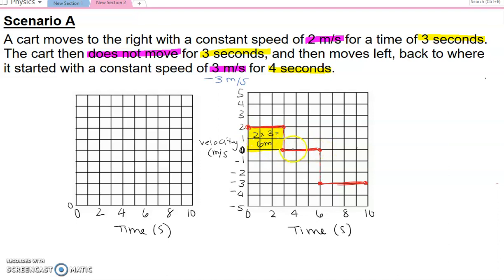This center segment, or letter B, if we label these out, letter B is flat on 0, meaning I don't travel any distance there. I can also understand that knowing that I do not move. So for B, the total distance I travel at B is 0 meters. For C, I'm going to take the area from the 0 to my data, just like I did before.